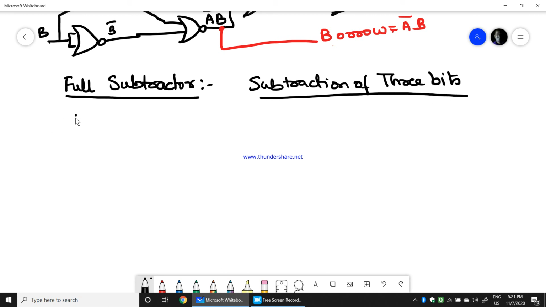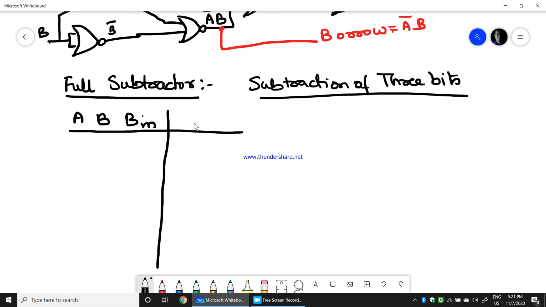So for that we need 3 bit inputs. Now A, B, and B in is the borrow in. Like C in what we had in the adder, similarly borrow in for the subtractor. Whereas the outputs are difference and the other output is borrow B out.